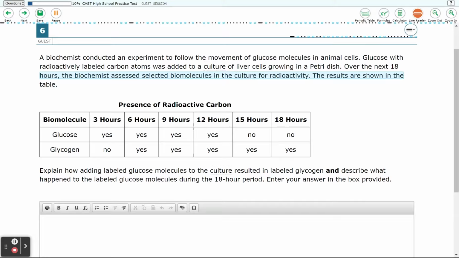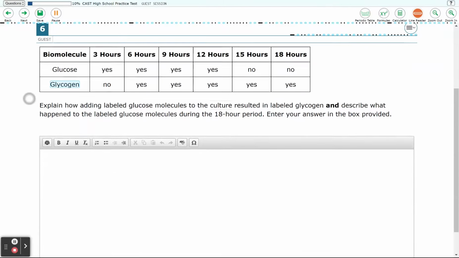The results are shown in the table. We can see the table here, presence of radioactive carbon, and it shows us every 3 hours whether glucose had the marked atoms, and whether the glycogen had the marked molecules.